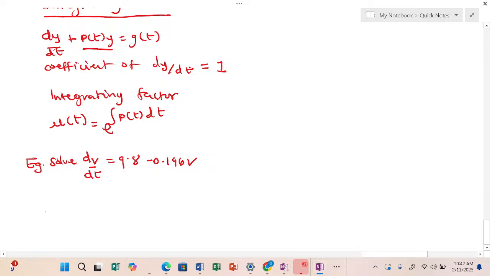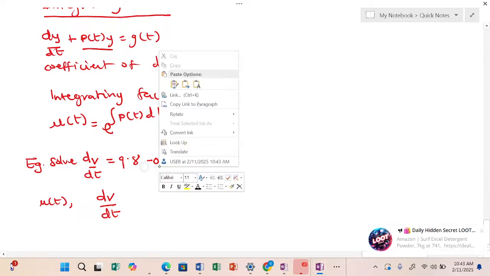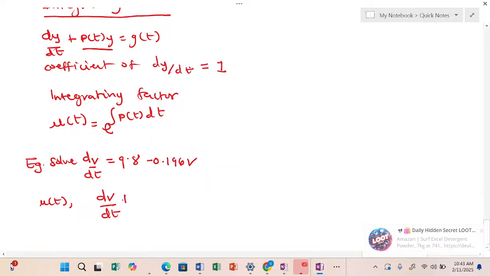So in solving this, before that we write our differential equation. We transpose this one from here to the left hand side so that it becomes plus 0.196 v is equal to 9.8.